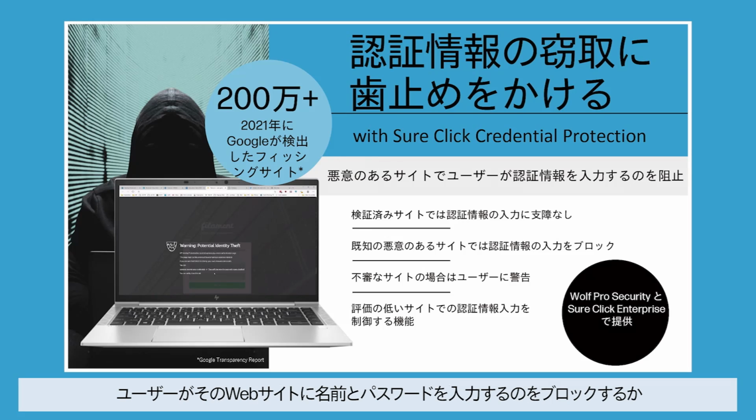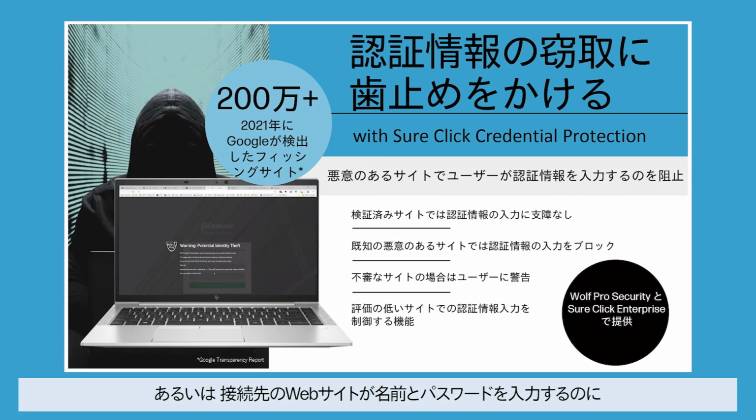And we can either block the user from entering their name and password into that website, or we can warn the user that the website they're connecting to might not be trustworthy for them to type their name and password.